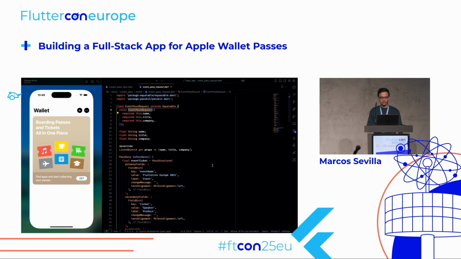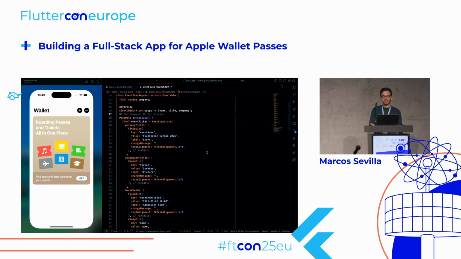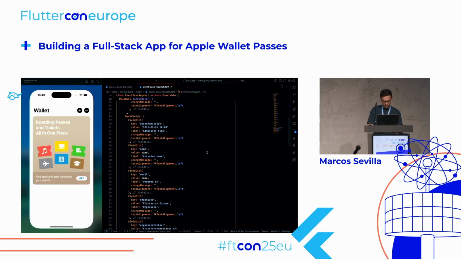Then we have this event pass request class where I just ask for name, title, and company. And then if you check here, I have a method that is toPassData. I parse this information here and pass it so I can build the whole pass structure, right?